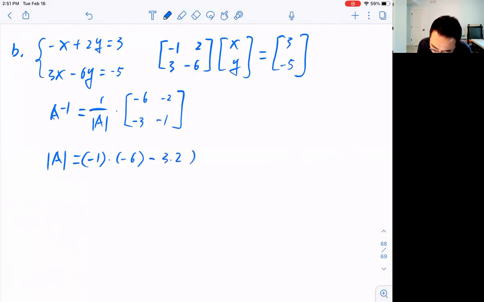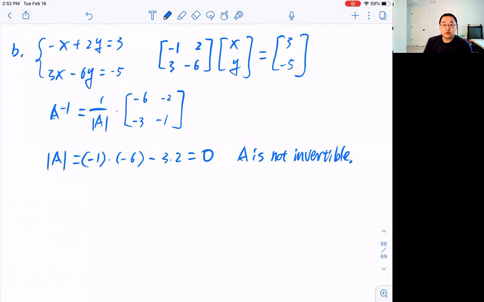If you do that, this equals 0. So this equals 0 means A is not invertible.